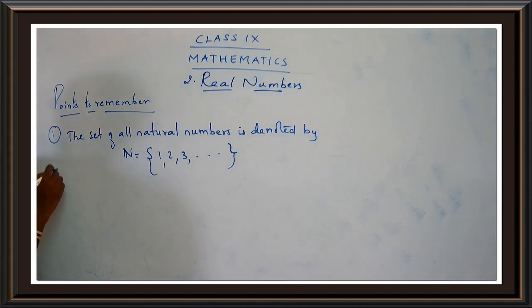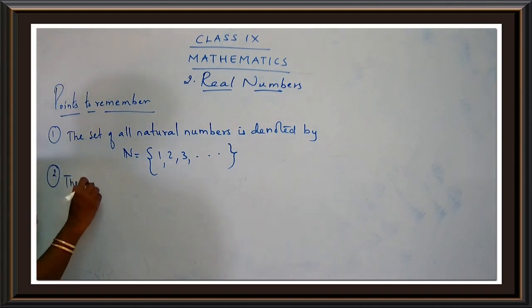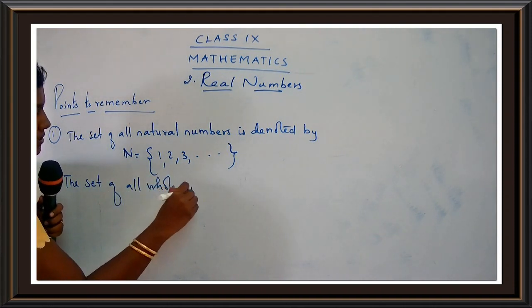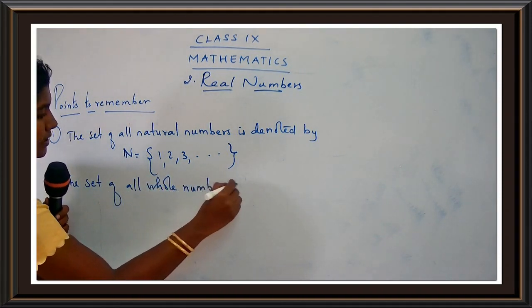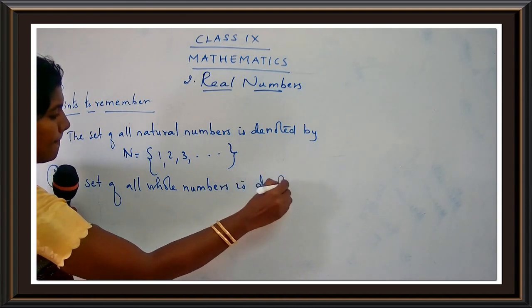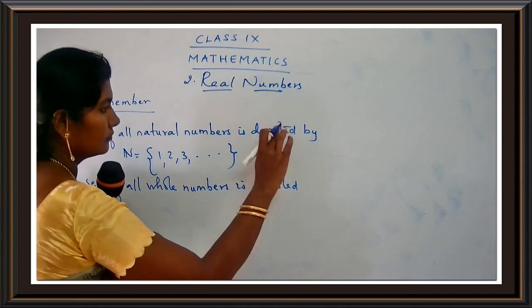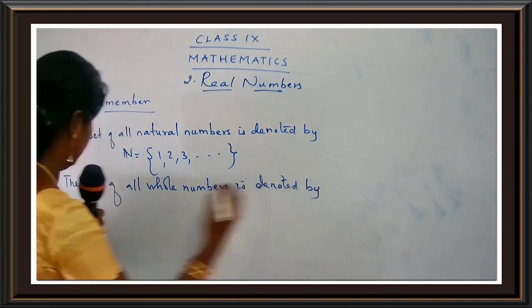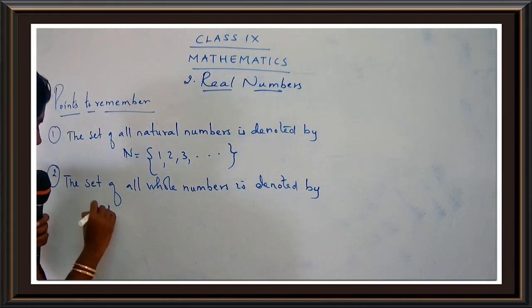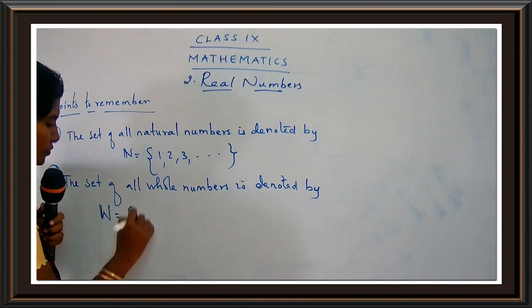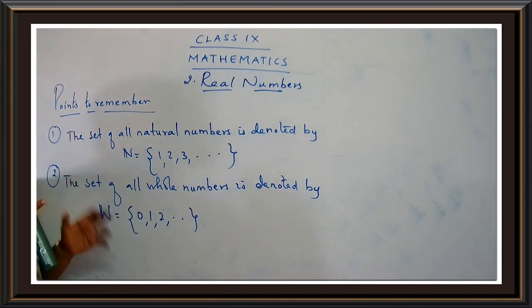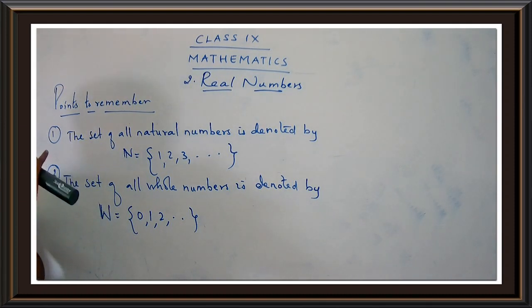Go for the second point. The set of all whole numbers is denoted by W is equal to 0, 1, 2 and so on. That is from which number the whole number set is going to start.